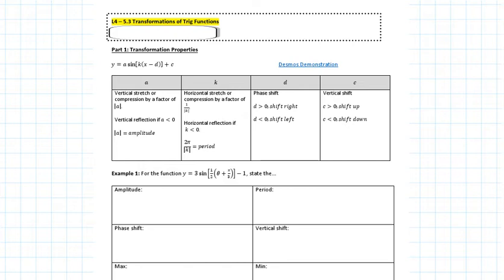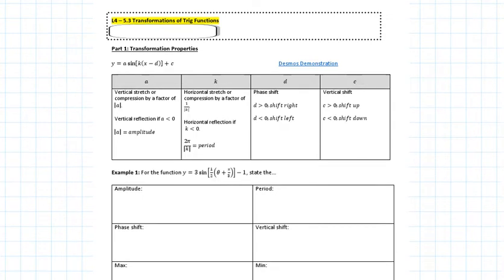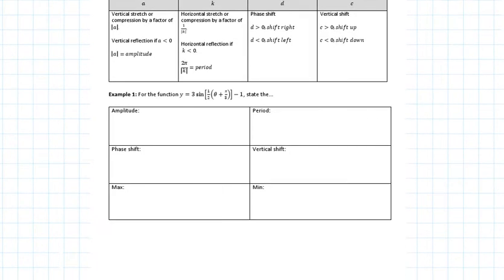All right, so if I have a function that looks like this, y equals 3 sine of half theta plus pi over 3, minus 1, state the amplitude, period, all of these. So the amplitude, it's easy. It's whatever A is, so it's the absolute value of A. In this case, the amplitude is equal to the absolute value of A, which is 3.